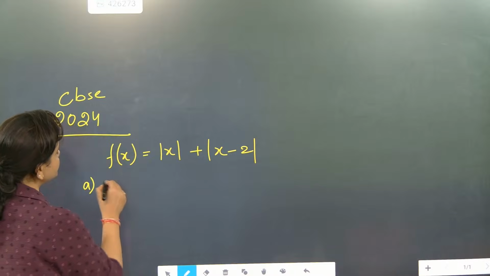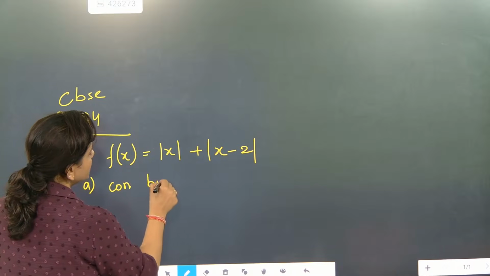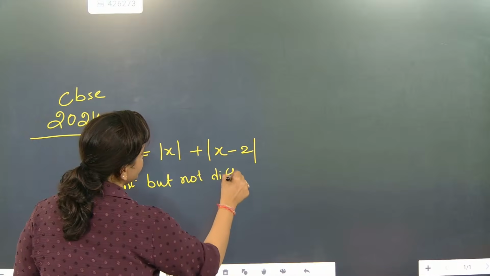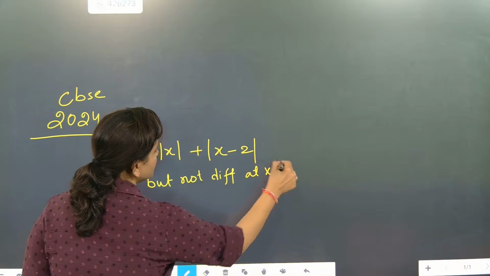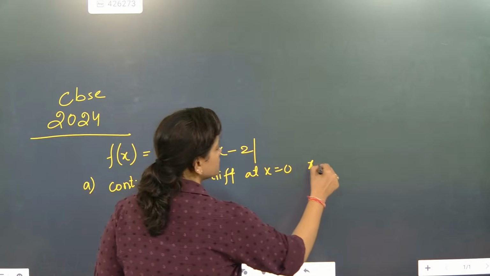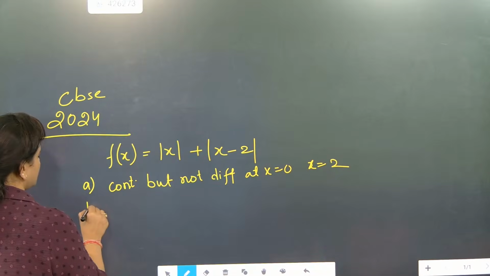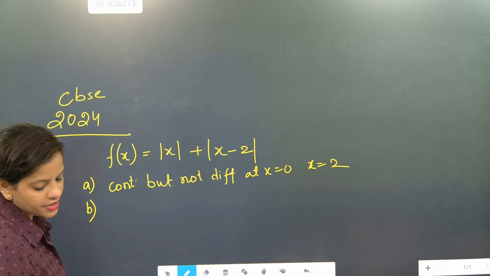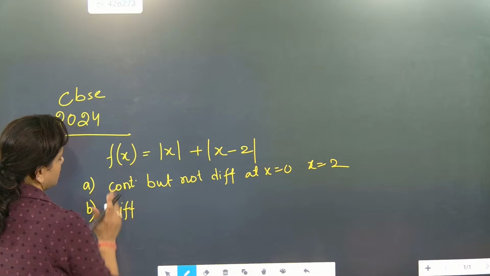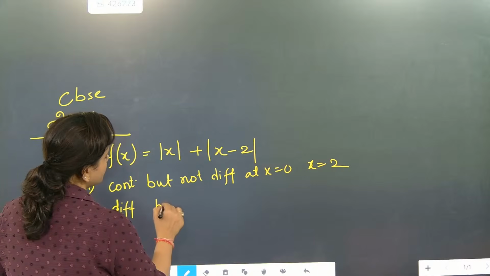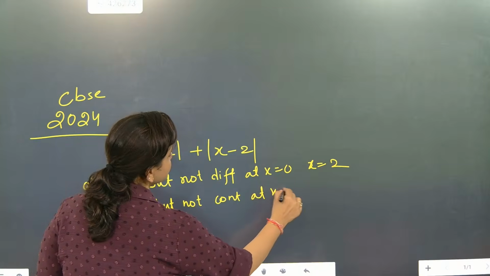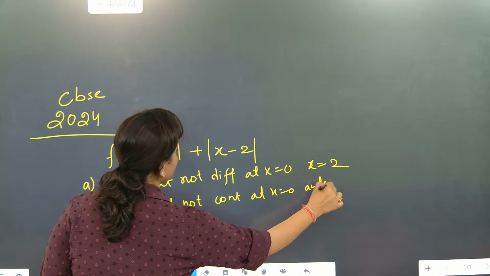Continuous but not differentiable at x is equal to 0 and x is equal to 2. Okay, next part: differentiable but not continuous at x is equal to 0 and x is equal to 2.